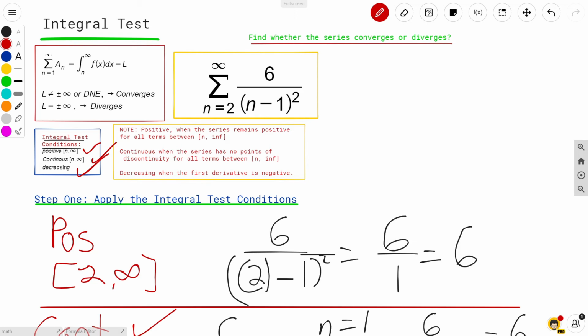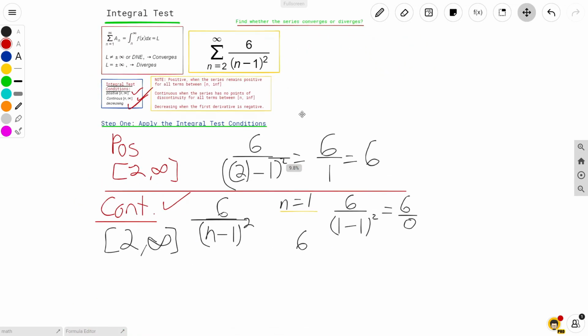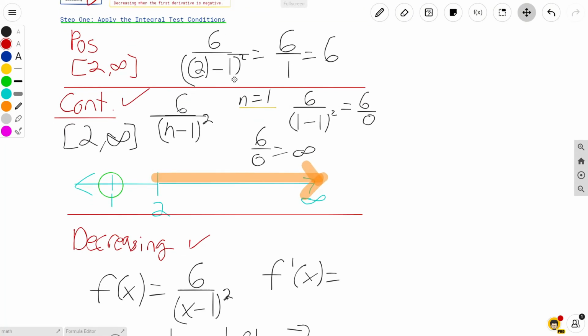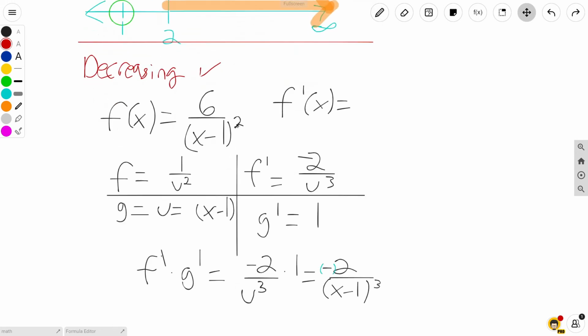So it's positive over the interval, it's continuous, and it's decreasing. It's positive over the interval of 2 to infinity, because we can't get a negative, it's continuous from 2 to infinity. We found the discontinuity at n equals 1, but that's not within the bounds. And then it's decreasing since our first derivative does happen to be negative.